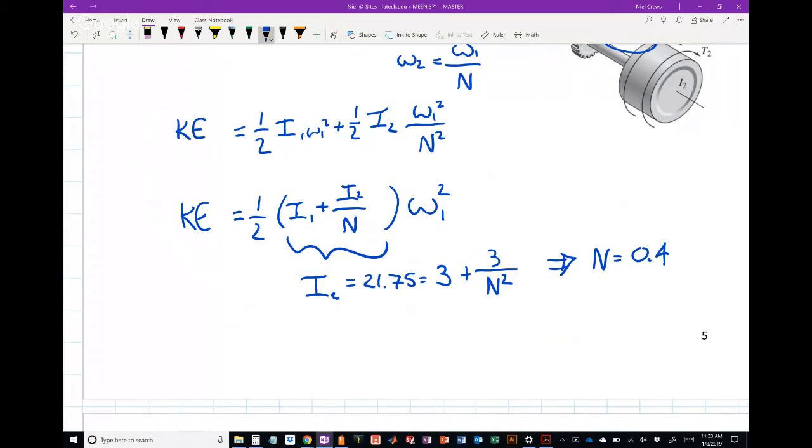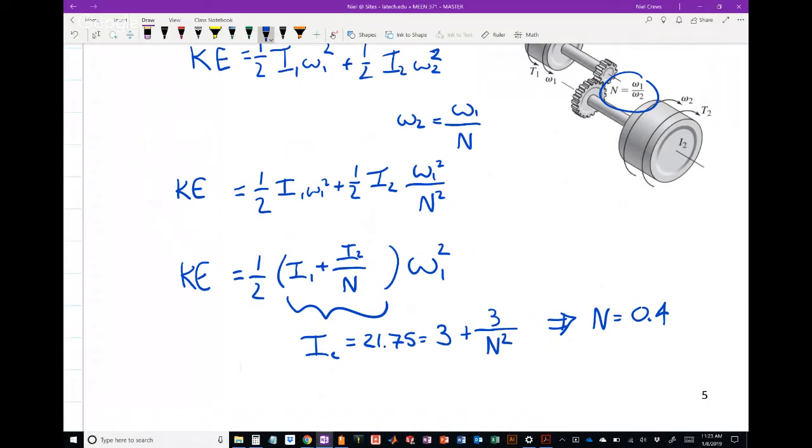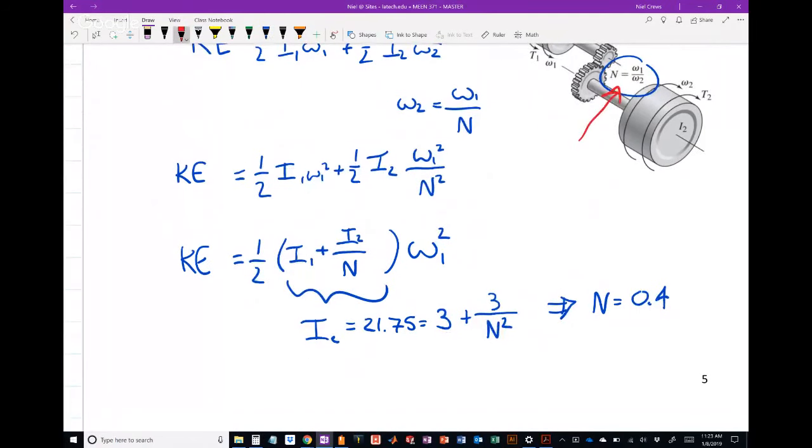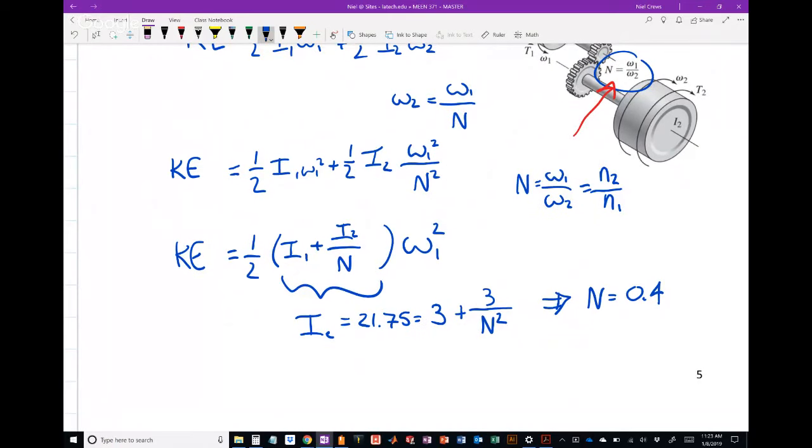Okay, then we can come back up actually to this equation. N equals omega 1 over omega 2. We made a point in class to say that this is the reverse of the numbers, right? So this is going to be n2 over n1, which is the number of the teeth, okay?